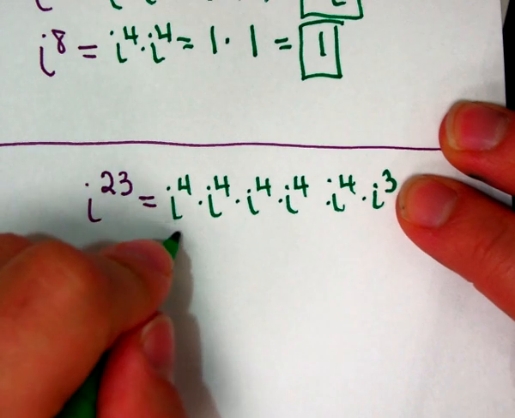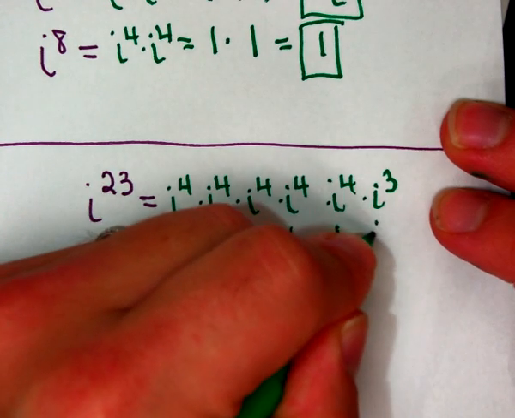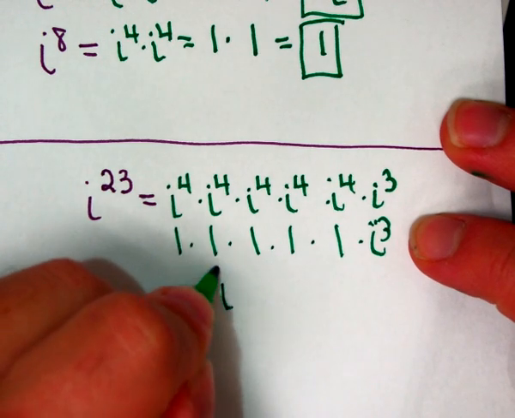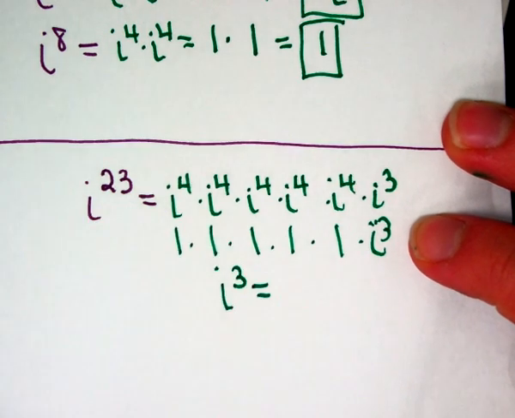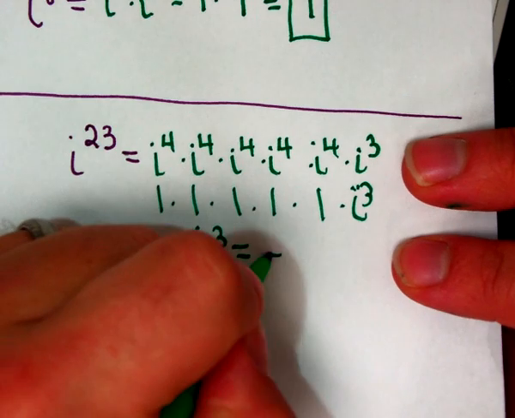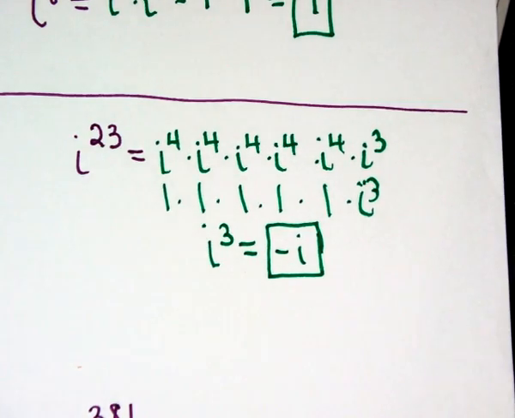Well, i to the 4th we know is 1, so this is 1 times 1 times 1 times 1 times 1 times i to the 3rd. That means if we simplify this, this is simply going to be i to the 3rd, and we just figured out the pattern that i to the 3rd is equal to negative i. So i to the 23rd power is equal to negative i.